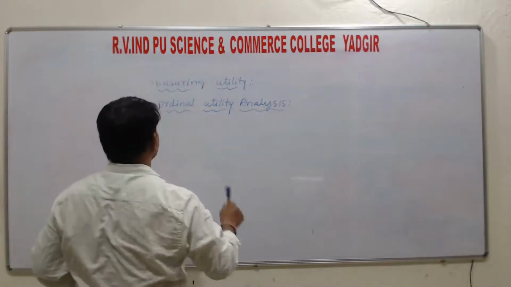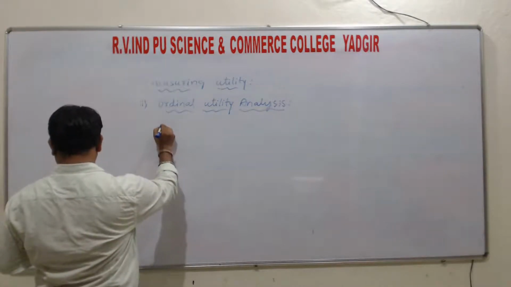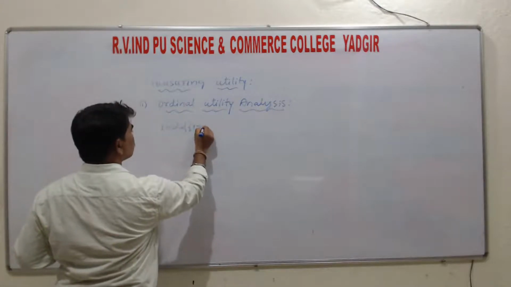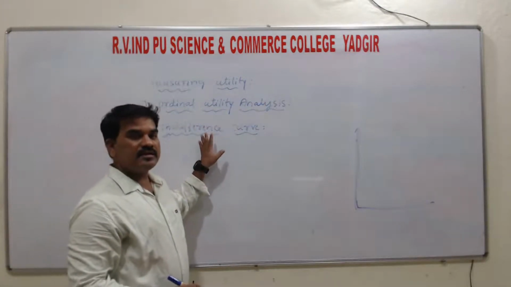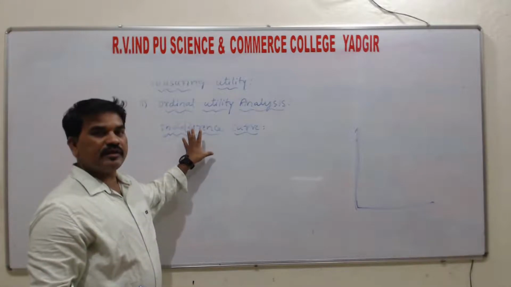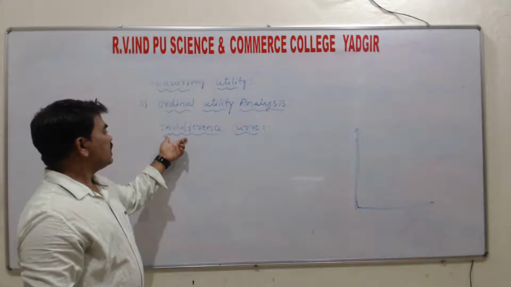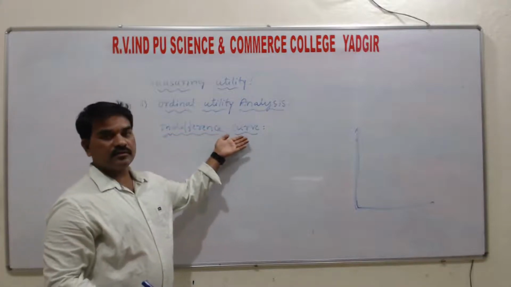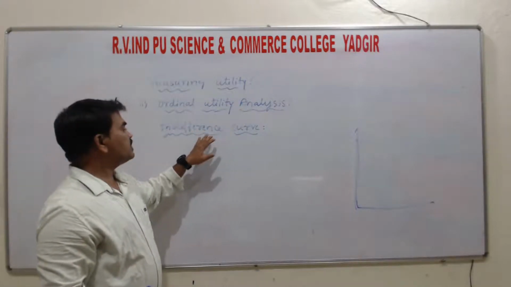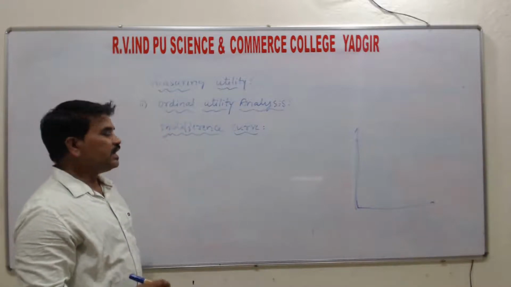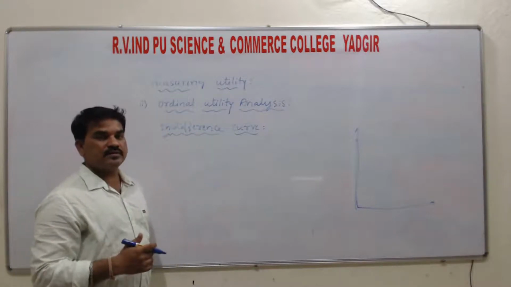We can understand the topics in a simple way by knowing what it is telling. Here it says indifference curve. The curve which is indifferent. Here what do we mean by indifference? Indifference means there is no difference.